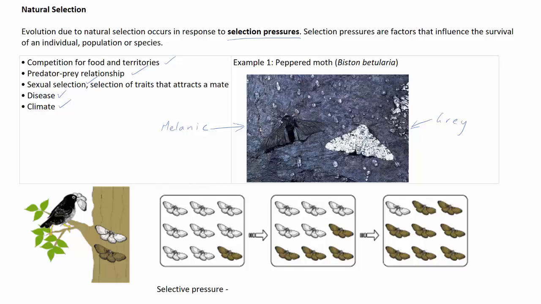Prior to the Industrial Revolution, or prior to the 1850s, the majority of the moths in the populations were a light grey colour. So there were very few of the melanic colour. Whereas after the Industrial Revolution, the majority of moths in industrialized areas were this darker melanic colour. So what was going on here?